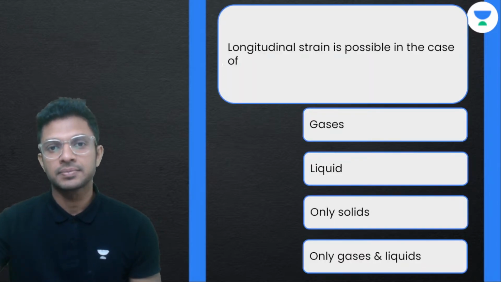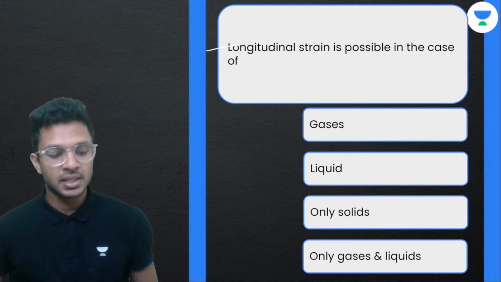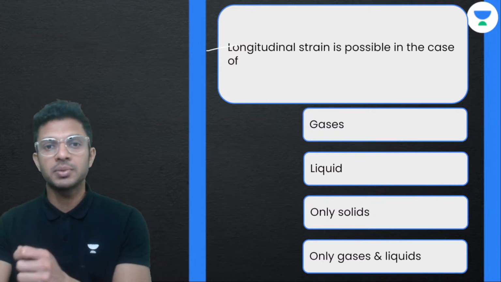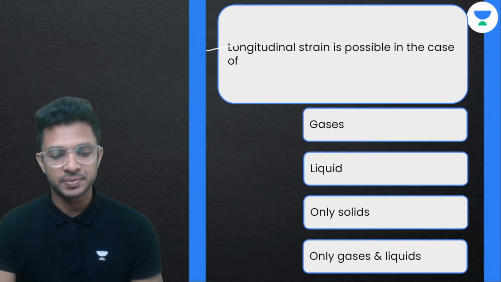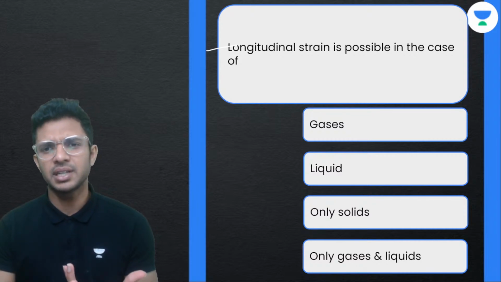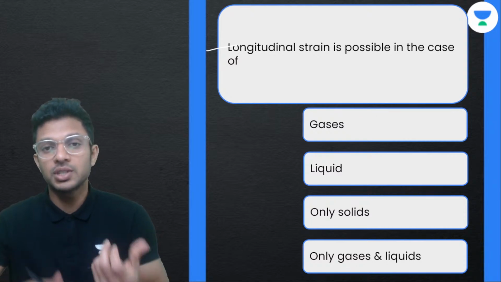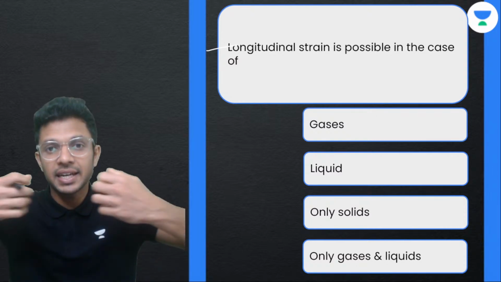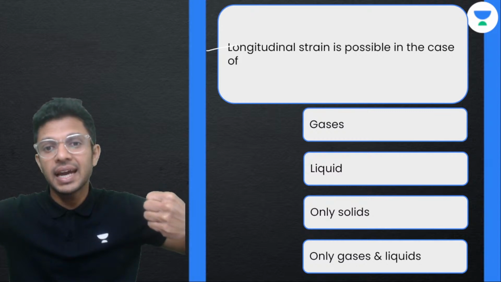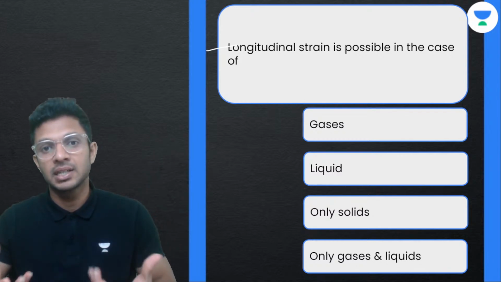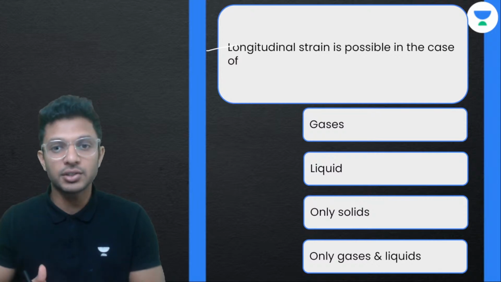Next question. The longitudinal strain is possible in the case of. You all can give me the answer within some seconds. Longitudinal strain is associated with the increase in length, right? We are pulling the body and the length increases, or there happens a change in length, we call it longitudinal strain.